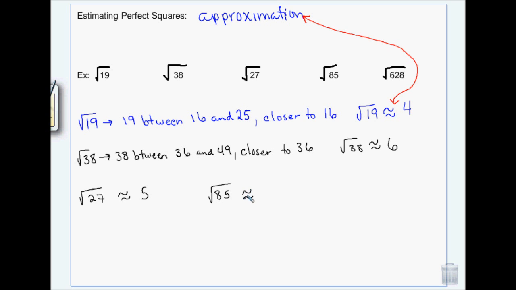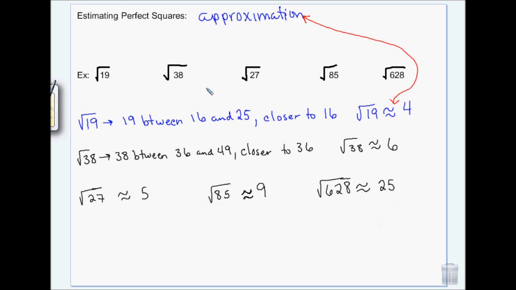Okay, so what's the square root close to? 9. And how about 628, what's that close to? It's close to 625. So it's approximately 25.